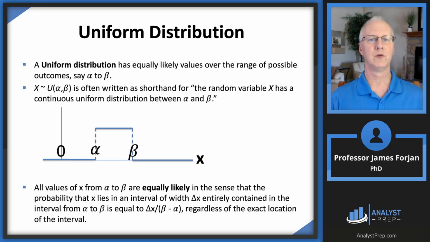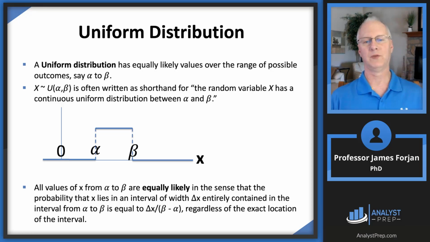All right, let's start with the uniform distribution. This is a distribution that has equally likely values over a range of possible outcomes. All right, so look at the graph there. For a uniform distribution, we start on the left-hand side at 0, and we work all the way up to x, which is this random variable.